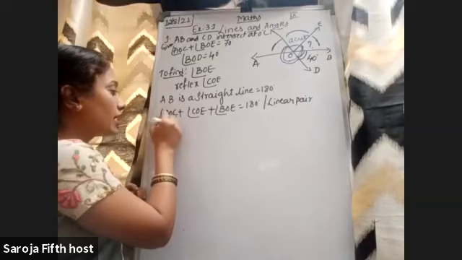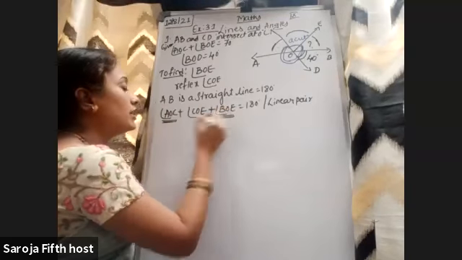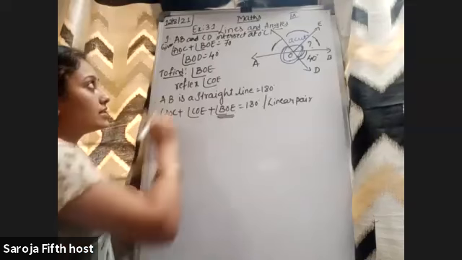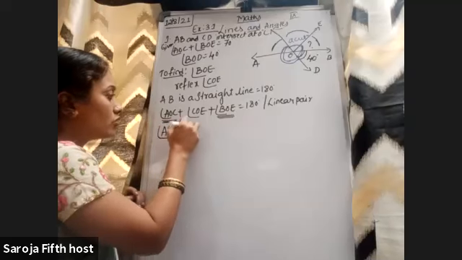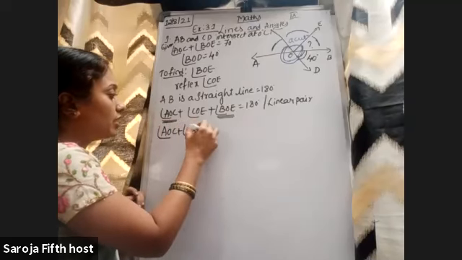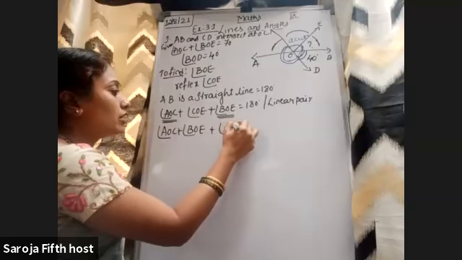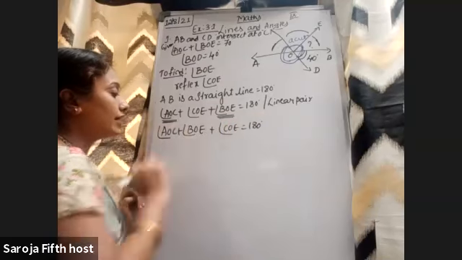We know the sum of angle AOC and BOE is 70 degrees. So let us write together: angle AOC plus angle BOE plus angle COE is equal to 180 degrees.